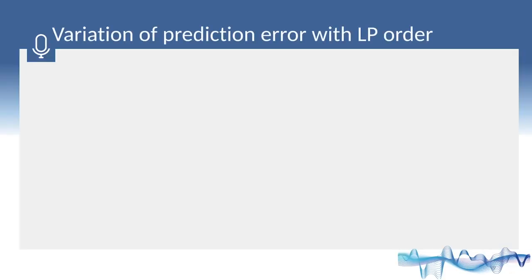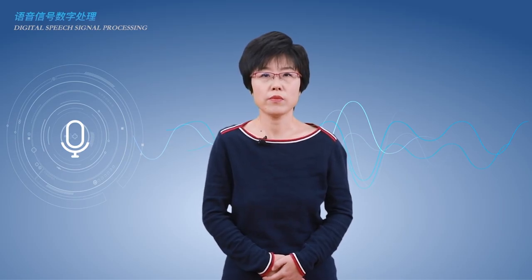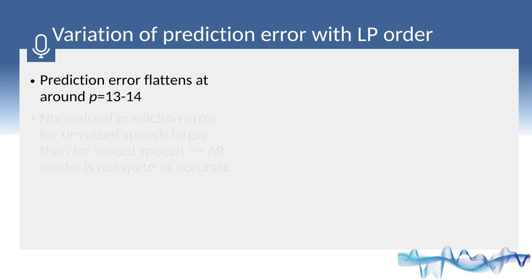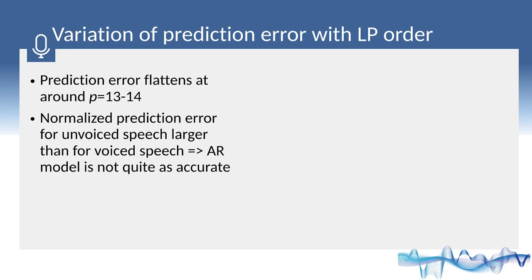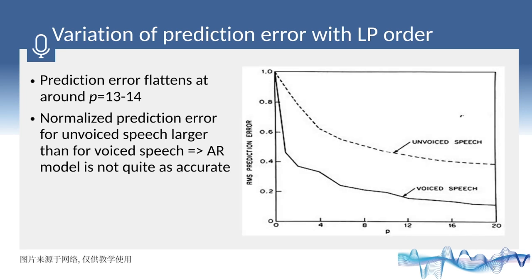LP order P affects the prediction error behavior. The larger the P value, the smaller the prediction error. Normalized prediction error for unvoiced speech is larger than that for voiced speech, because the AR model is not quite as accurate for unvoiced signals.